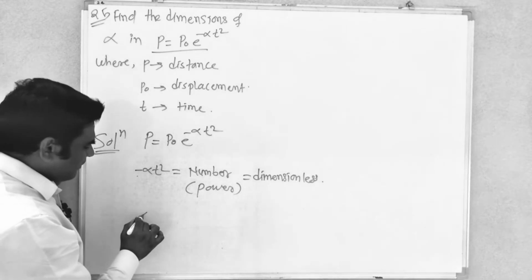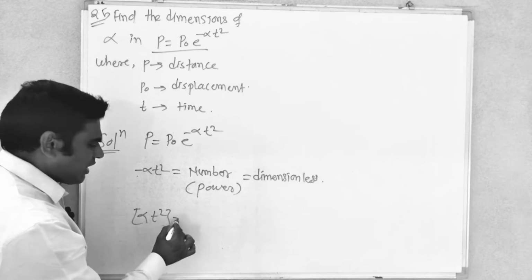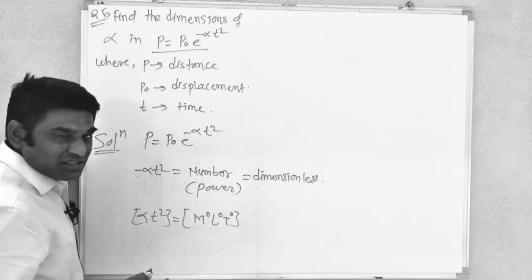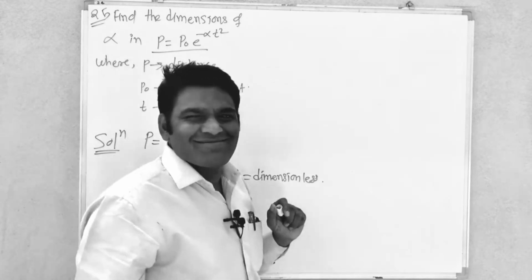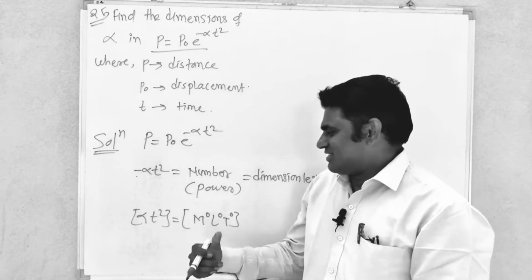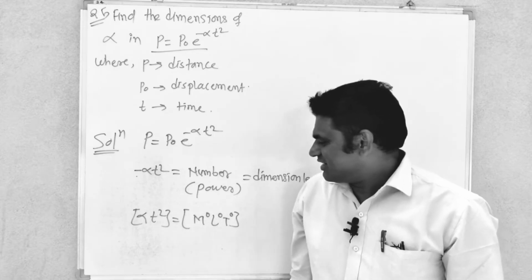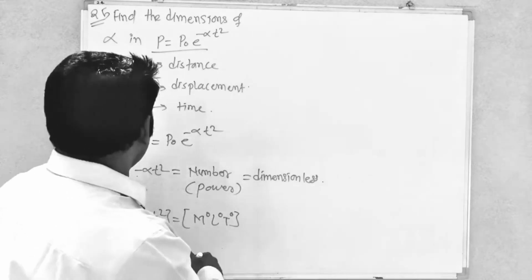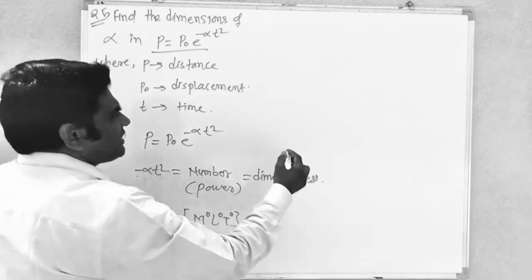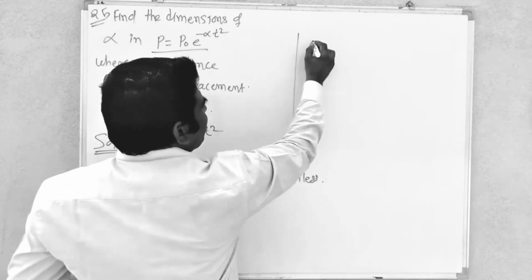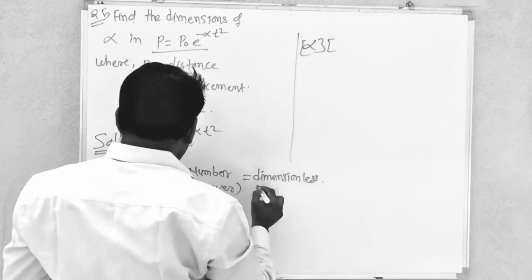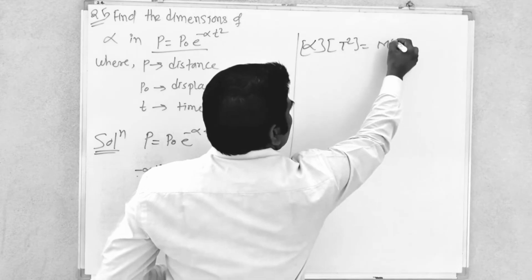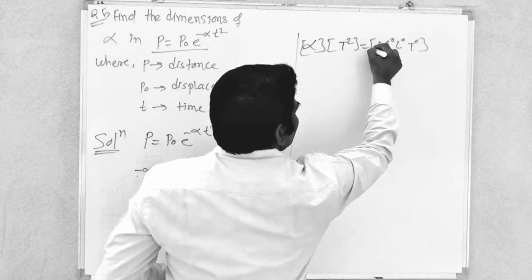So the dimension of alpha t square is what? M0 L0 T0. Remember this. Alpha t square is equal to M0 L0 T0. Now calculate the dimension of alpha, because the dimension of t we know, t is a time. So alpha into the dimension of t square, time means T square, is equal to M0 L0 T0.